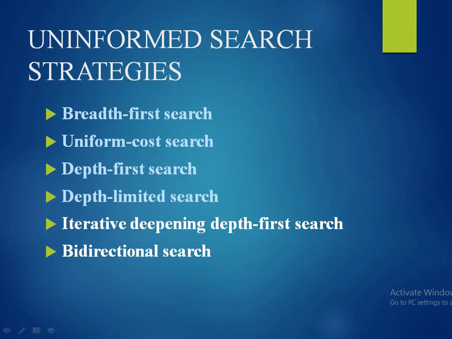Out of these, the breadth first search, uniform cost search, depth first search, and depth limited search we have seen in our earlier 2 videos. Now, in this video, we are going to discuss the iterative deepening depth first search and bidirectional search. So, we will start our discussion with iterative deepening depth first search.